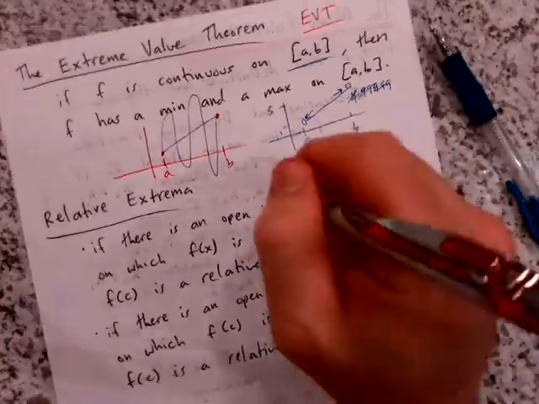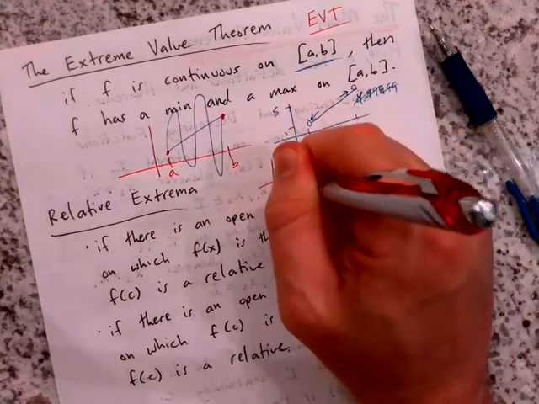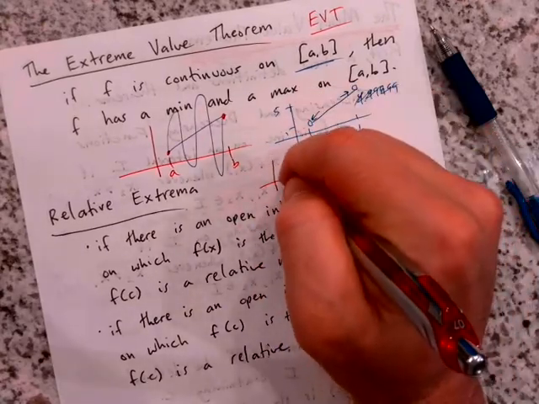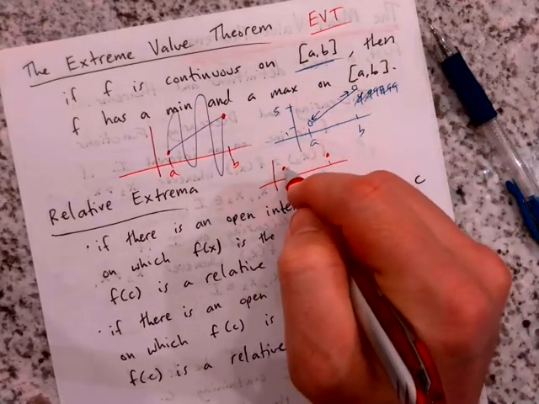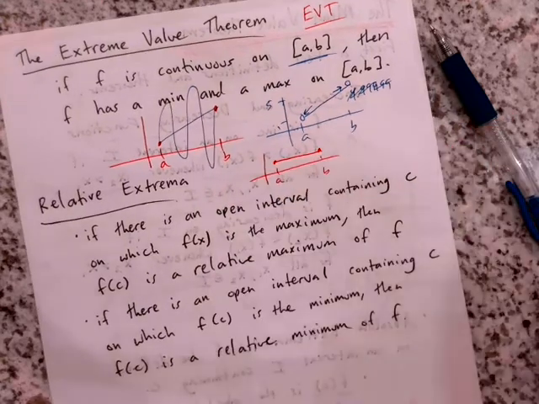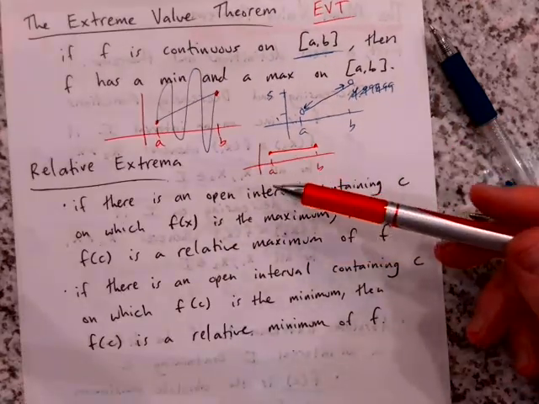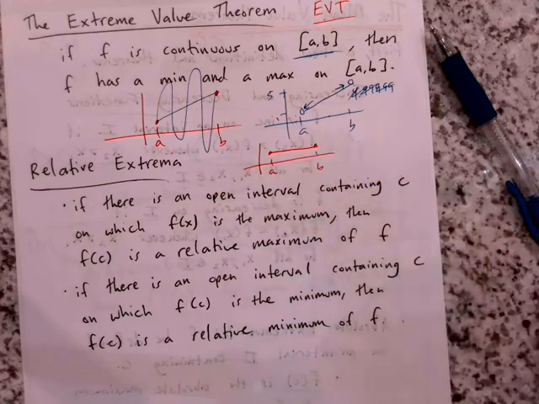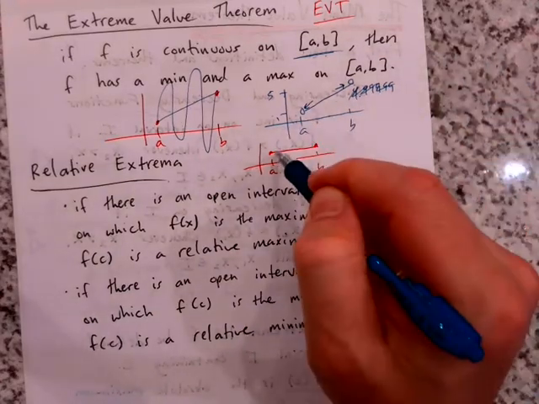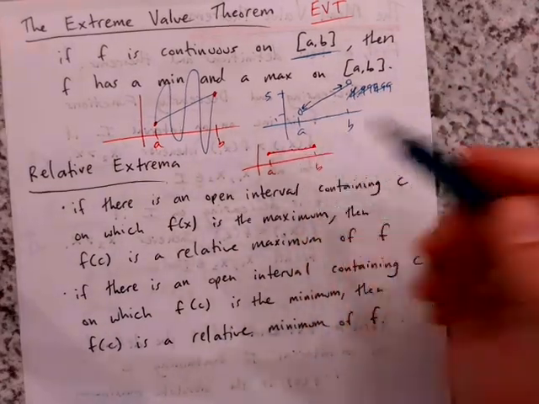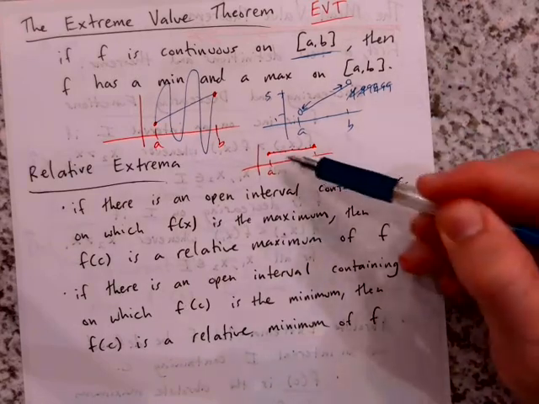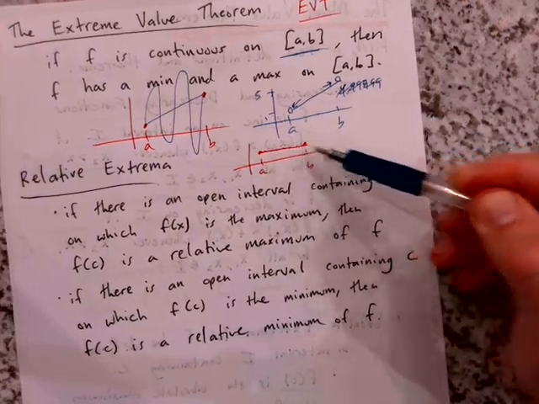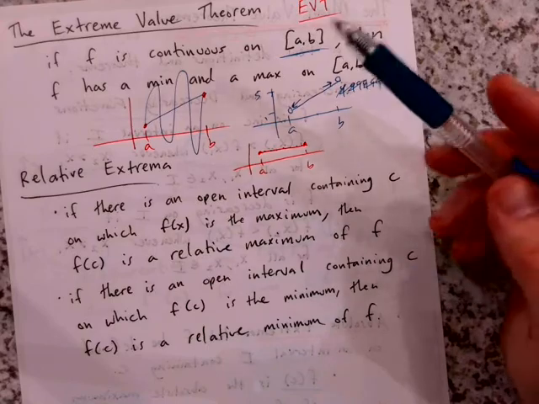The weird example of this, or at least the most interesting I suppose, is if a and b have the same y values and your graph went straight across. In this case, every single point on this graph is tied for the highest, which means every single point's a max. Every single point on this graph is tied for the lowest, which means every single point's a minimum.